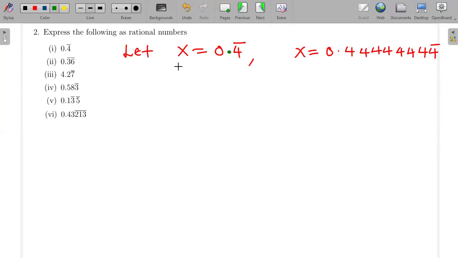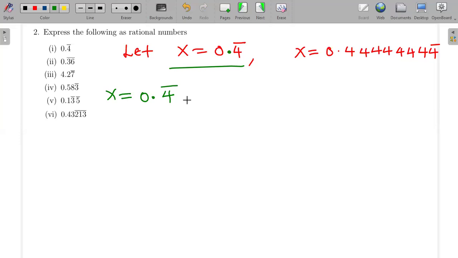So the first number will be this same one, because after the decimal point, I have the part that repeats. So I'm just going to say x is equal to 0.4 bar. This will be my first number.